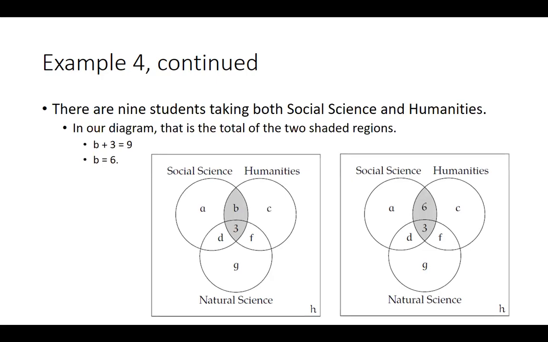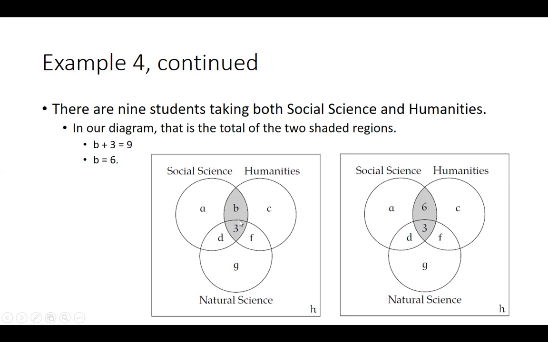We're given that there are 9 students taking both social science and humanities. In our diagram, the overlap between social science and humanities is represented by the total of 2 regions, B and E, which now are B and 3.